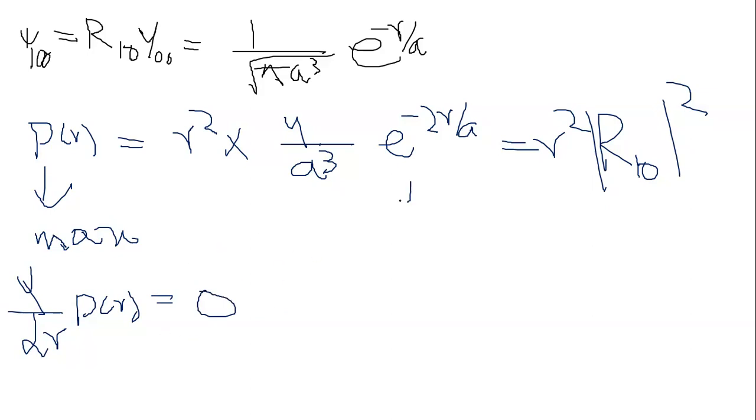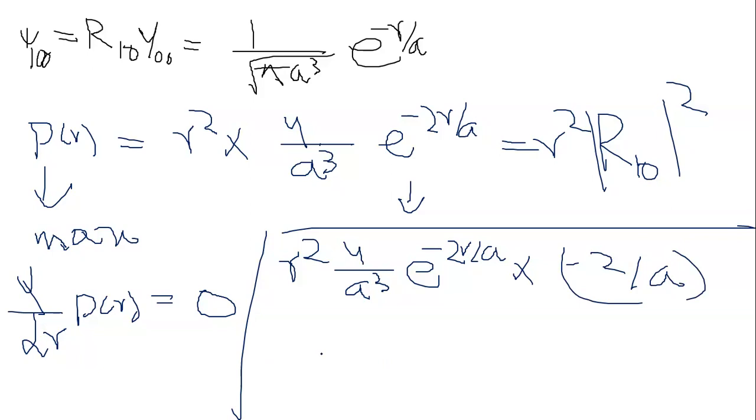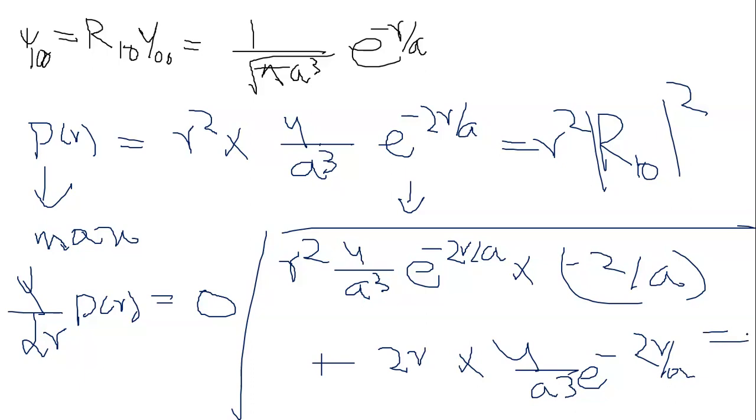When you take the derivative, r square into 4 by a cubed, e to the power minus 2r by a, the derivative will be r square into 4 by a cubed, e to the power minus 2r by a into minus 2 by a, plus 2r into 4 by a cubed, e to the power minus 2r by a, and this equals 0.